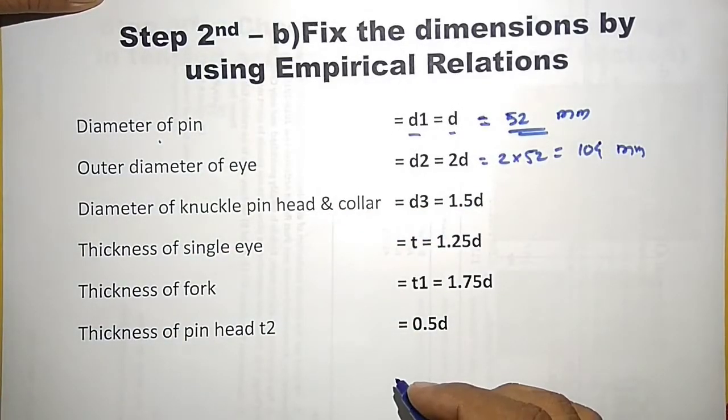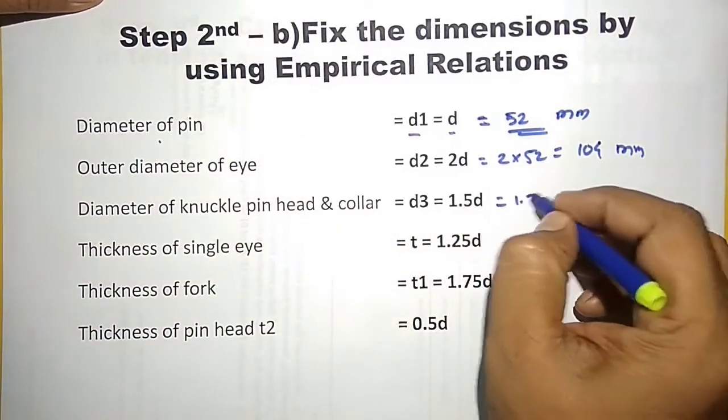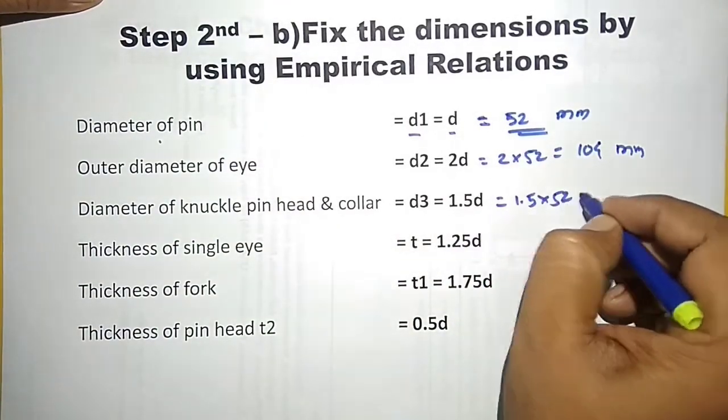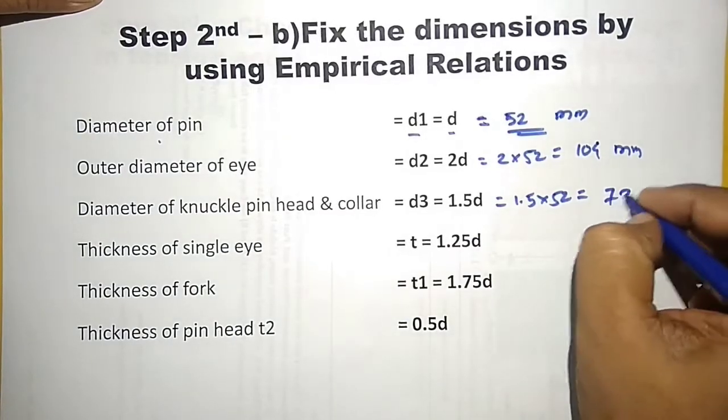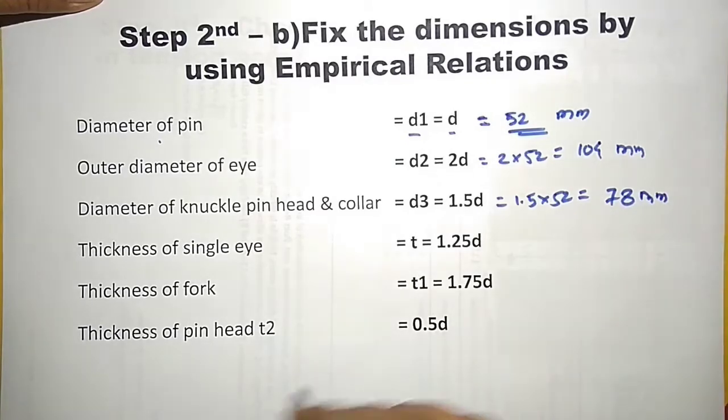The diameter of knuckle pin head or collar is 1.5 times the diameter, which will be 78 mm.